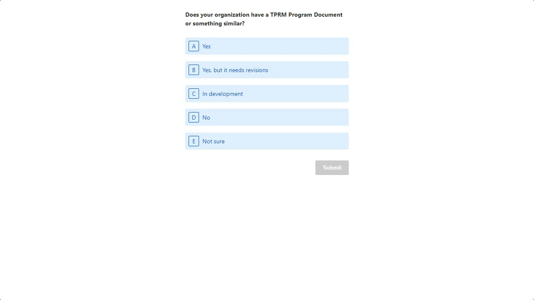So what I do recommend is that procedures are written at the stakeholder level for one process at a time. So for example, if you have vendor owners that are engaged in opening and completing an inherent risk assessment, we would want a separate procedure for that.